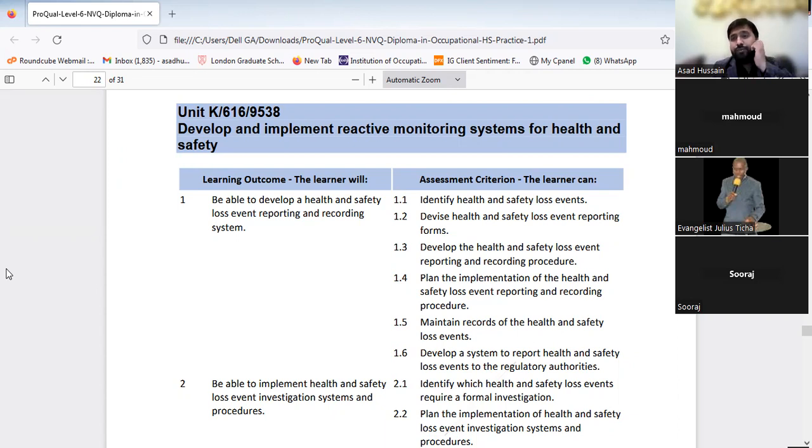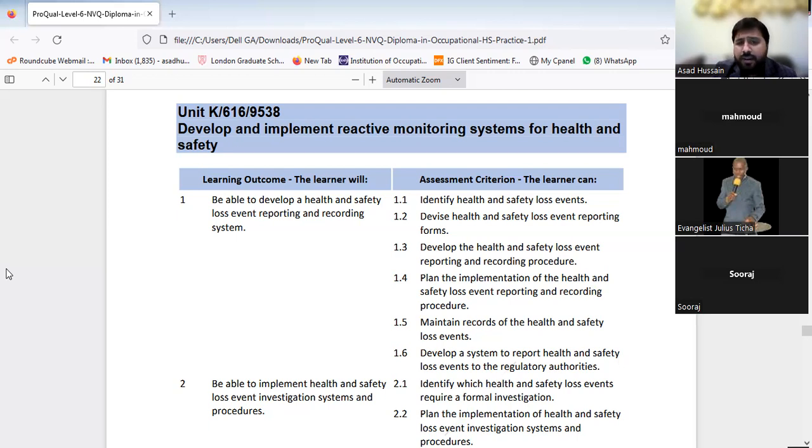That is normally used in physical form. If you want to keep the record of these reports physically, then you use the accident report book. But in other cases, some organizations also have online storage of documents, so you can keep the record of these reports on that online portal or online system.